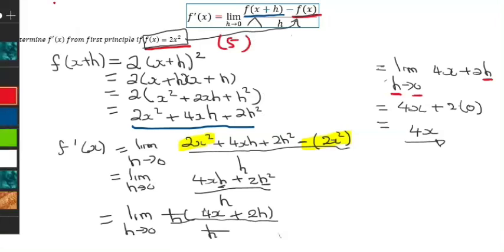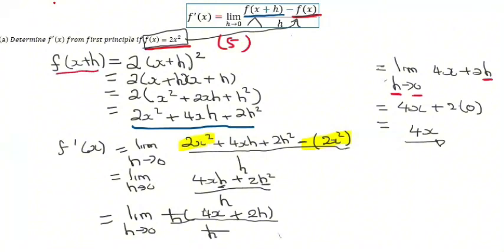They know that you understand that we have to find f(x plus h), so you're going to get a mark there, and then substituting it in the equation, they're going to give you a mark, and then probably a mark there, and then also the answer, and also here whereby we remove the limit of h as it approaches 0 by replacing this h with 0. So in total, you're going to get your 5 marks. So this is how you can get your 5 marks on calculus.